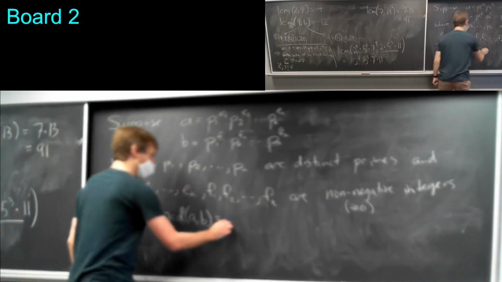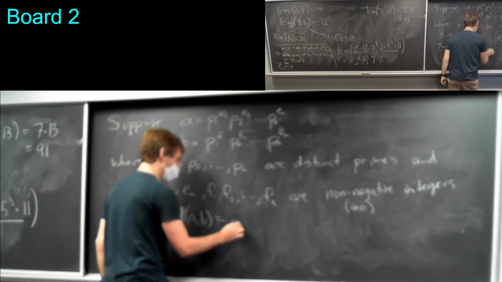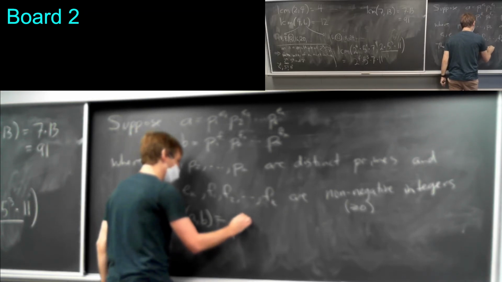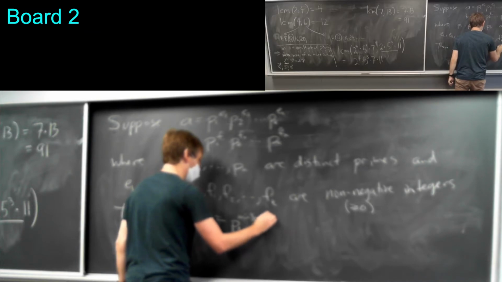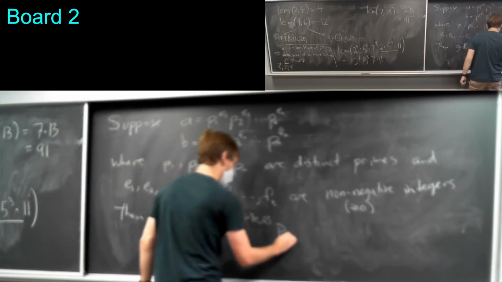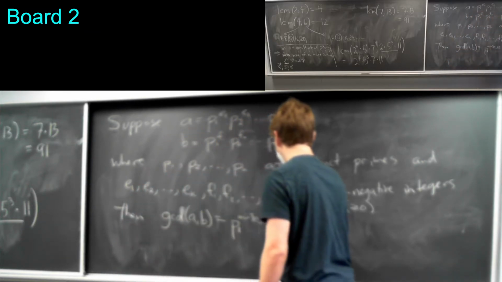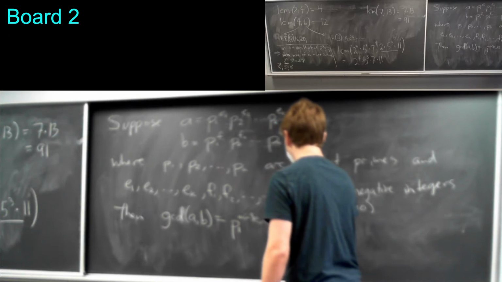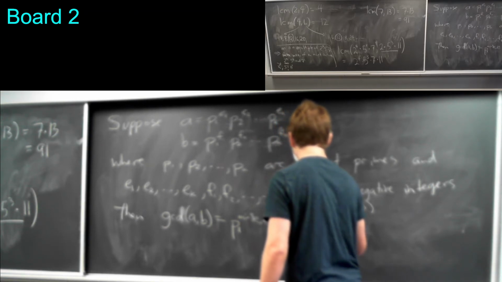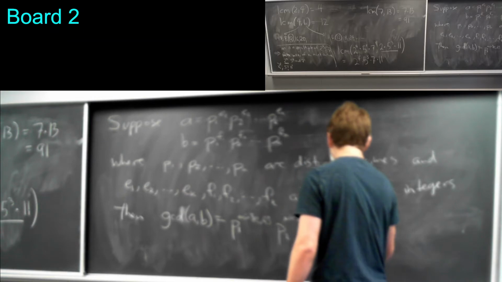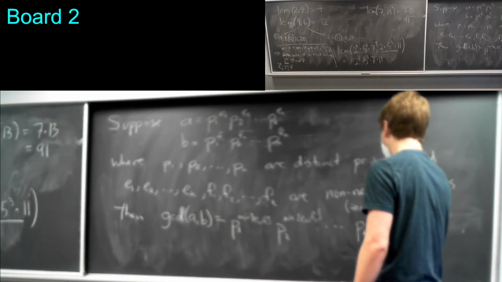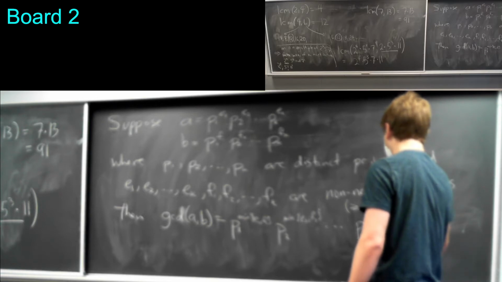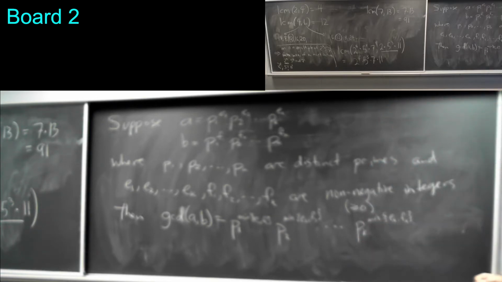So notationally, this is P1 to the minimum of E1, F1, P2 to the minimum of E2 or F2, dot, dot, dot, up to Pk to the minimum of Ek or Fk. Okay.